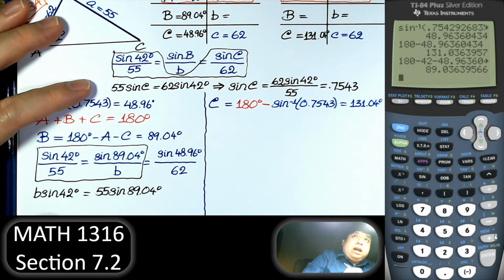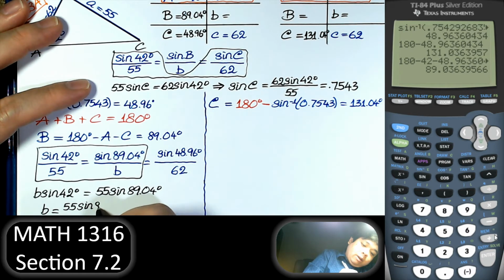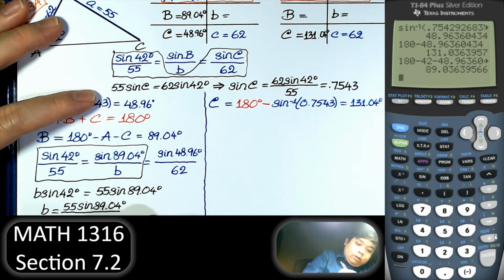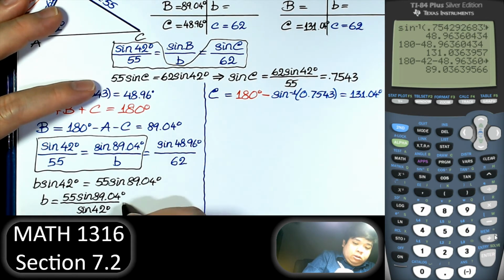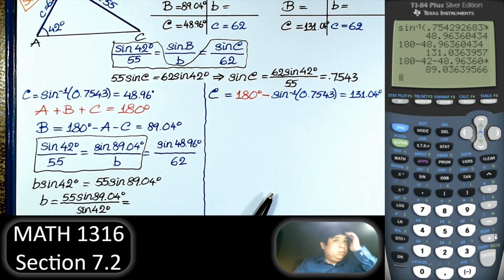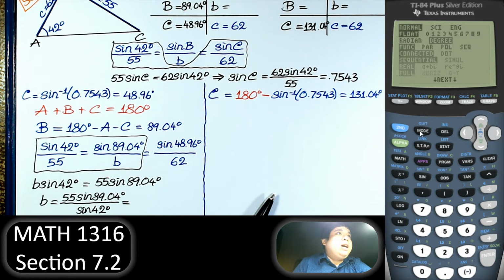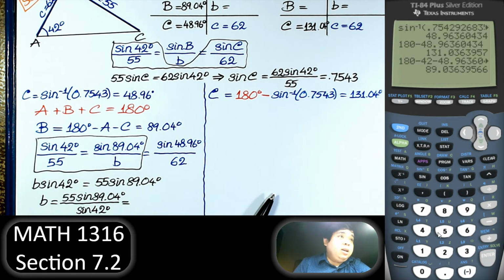So we get B equals 55 sine of 89.04 degrees over sine of 42 degrees. Once again, degree mode. 55 sine of that.